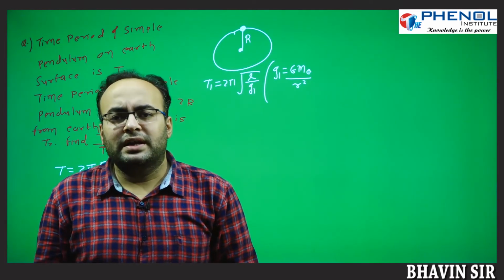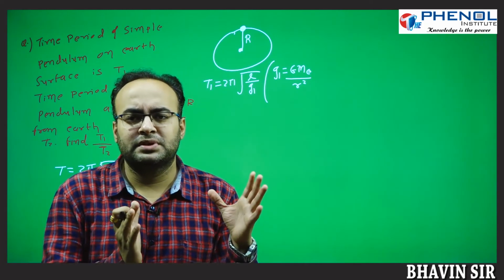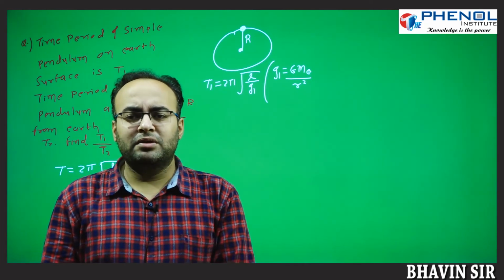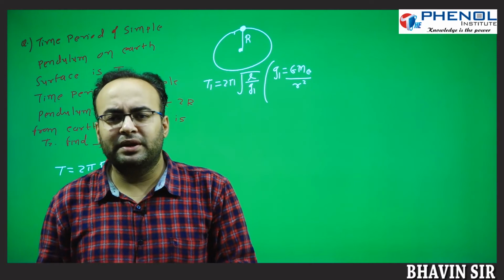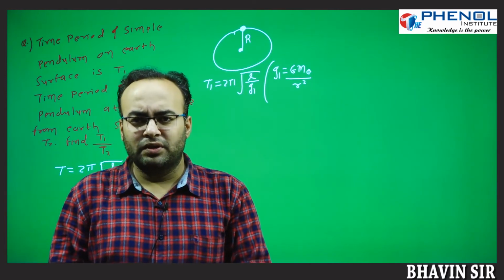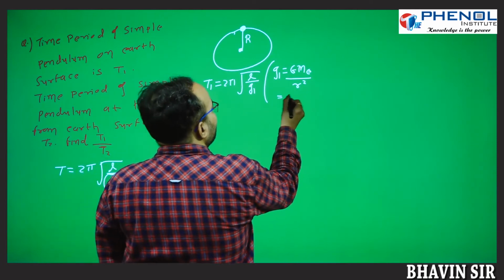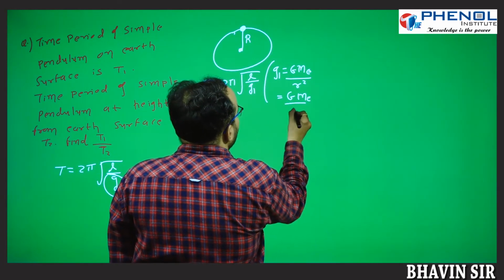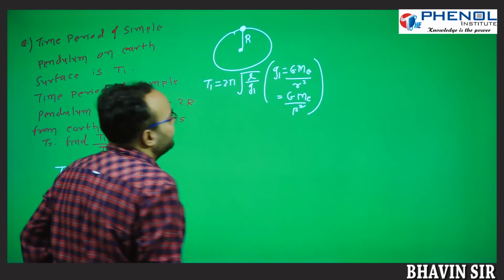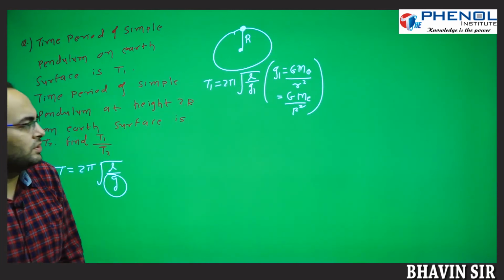And small r is the distance from the center. But right now what is the location of the pendulum? At the surface of earth. Okay, so what is its distance? Radius of earth. Chalo, so this is the first case.